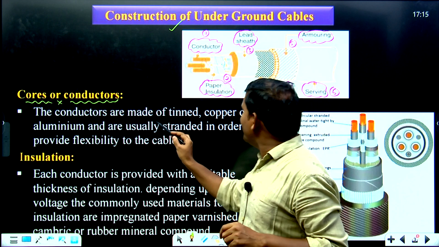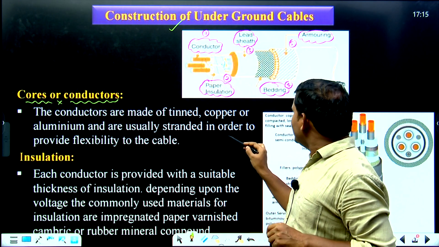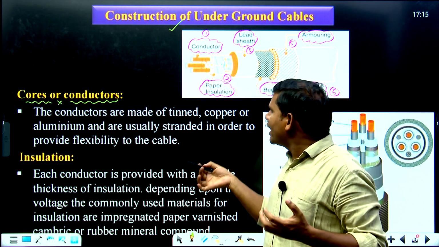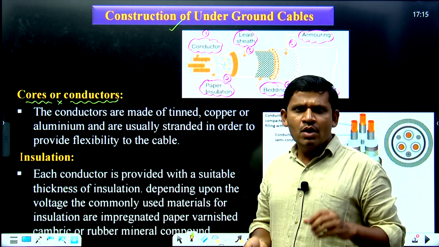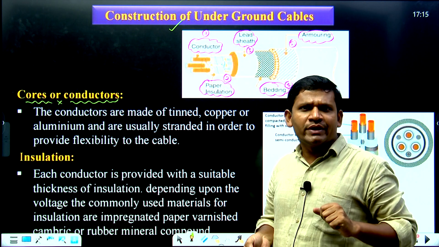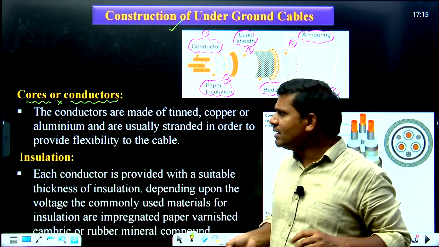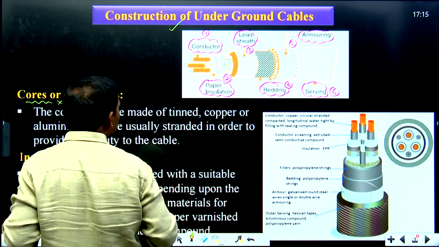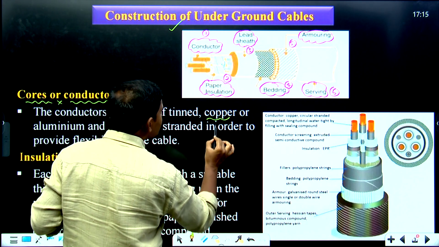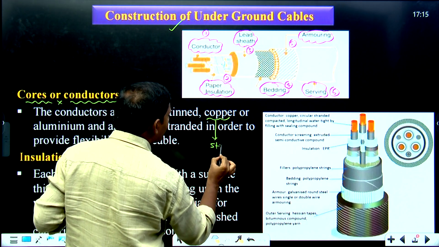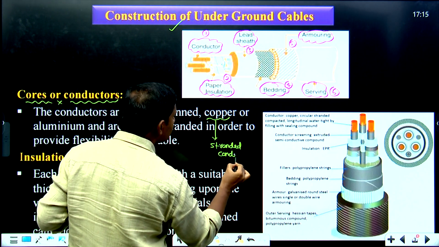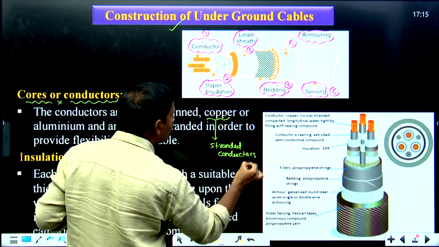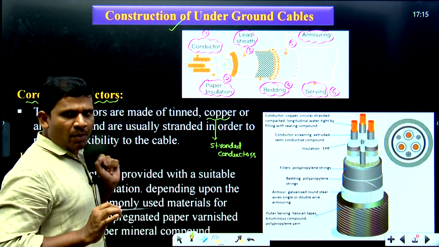The conductors are made of tinned copper or aluminum and are usually standard in order to provide flexibility to the cable. We are using the standard conductor, students. We know already what the standard conductors are. For cables we are using copper, that is the standard conductor. Okay, this point you have to remember, that the conductor is made with copper material.